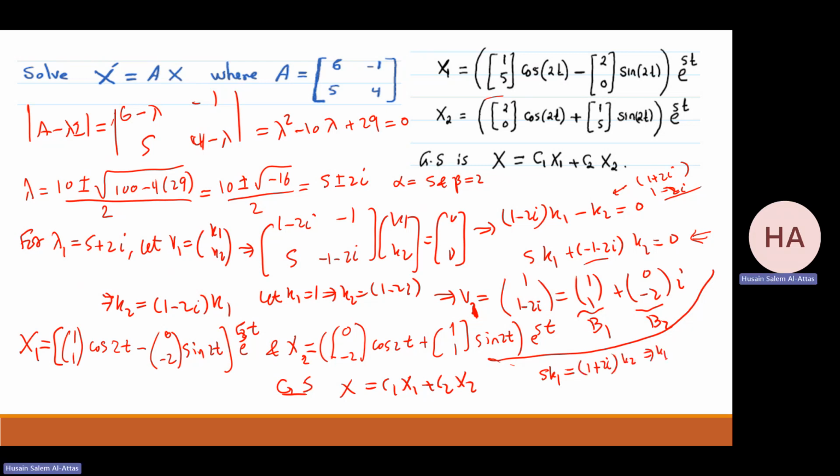So k1 is 1 plus 2i over 5 k2. So he let k2 be 5. So k1 is 1 plus 2i. So he has 1, 5, 2, 0. So this is B1 and this is B2, which is the same.